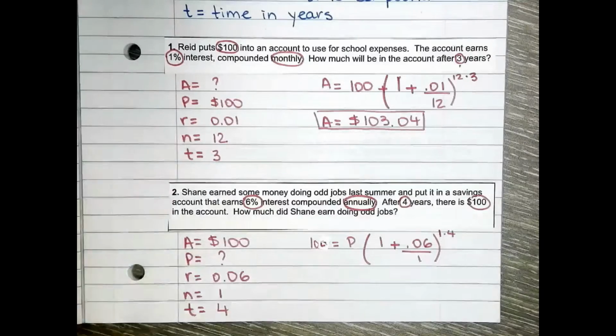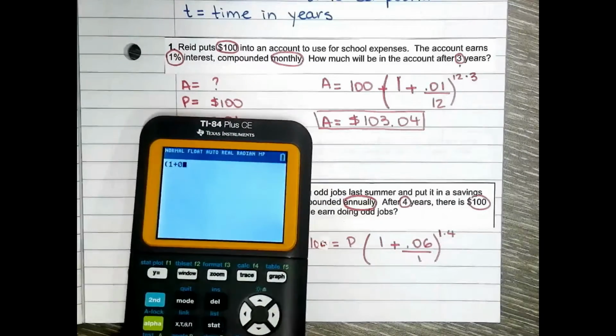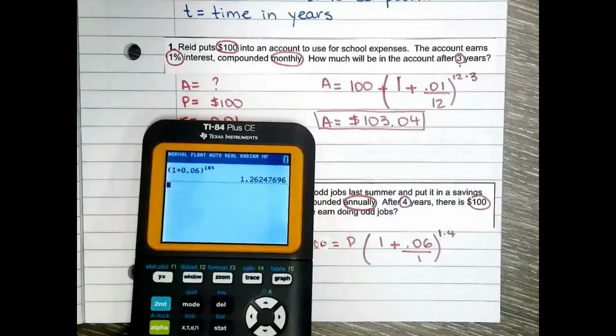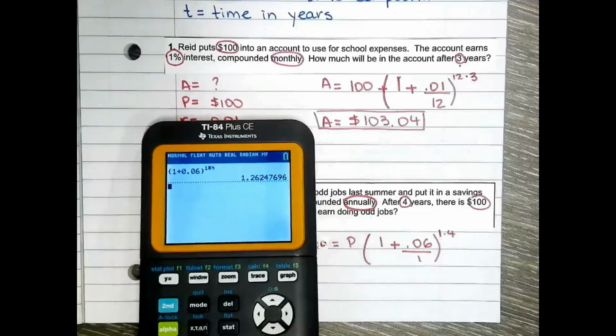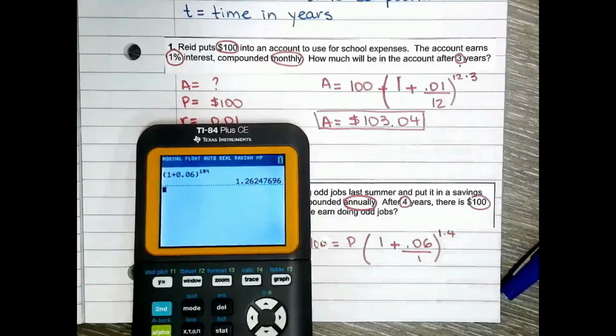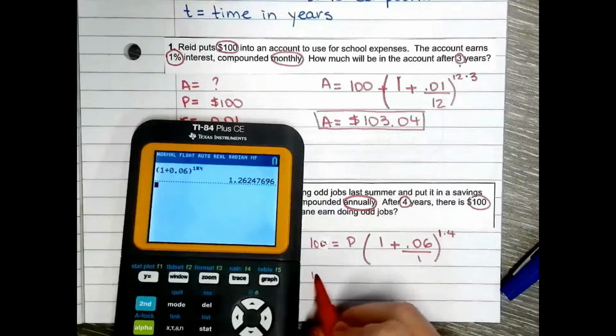I will plug this in. And I have 1.2624. I'm going to do my calculations with 4 decimal places just because.